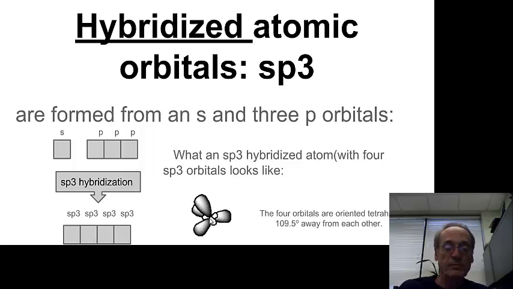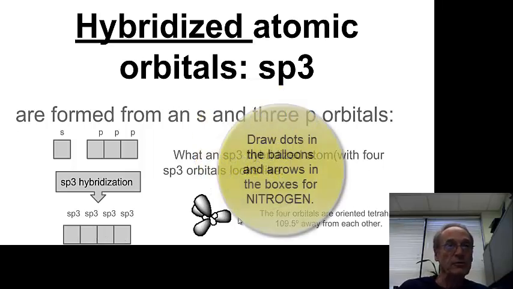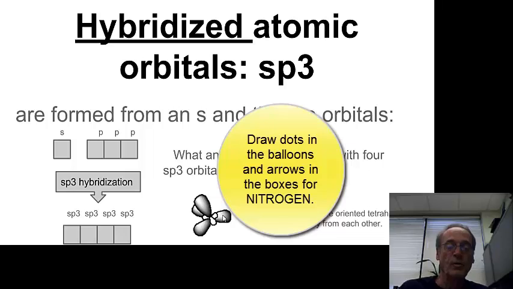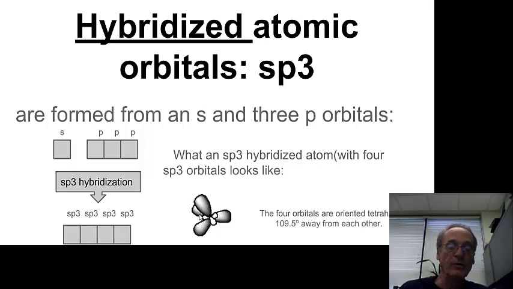So if this is carbon, then there are 4 valence electrons, and there'll be 1 in each of these places, and there'll be 1 in each of these boxes. If it's nitrogen, there's 5 valence electrons, so there'll be one here, one here, one here, and two here, or it really doesn't matter. You could put the pair in any one of these four and the other three single electrons in any of these places because they're all the same as each other.